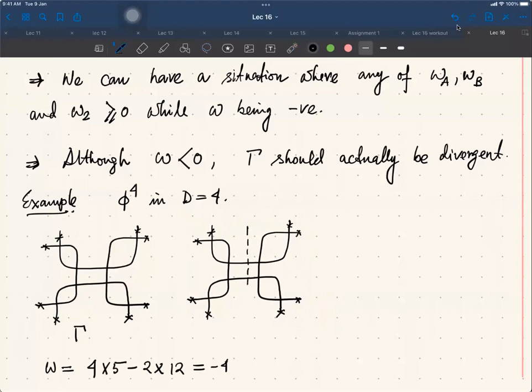Let's take this, and say this is gamma 1. Then you see gamma 1 is not 1 pi, because gamma 1 has further subgraphs, this one and this one, which are connected by only one line.